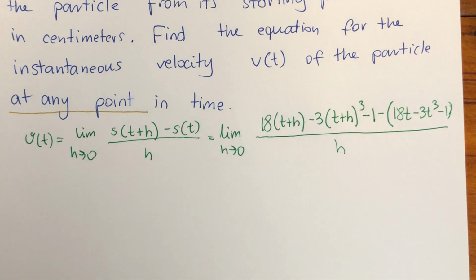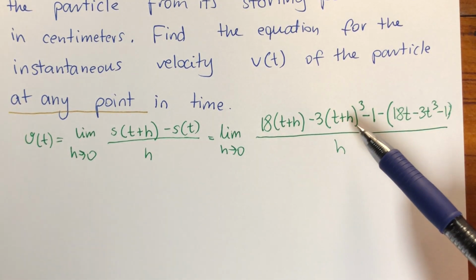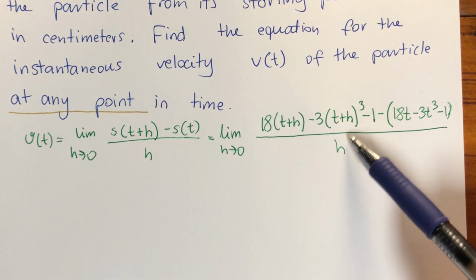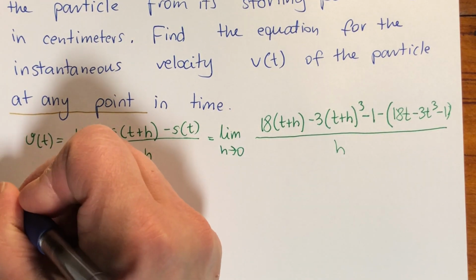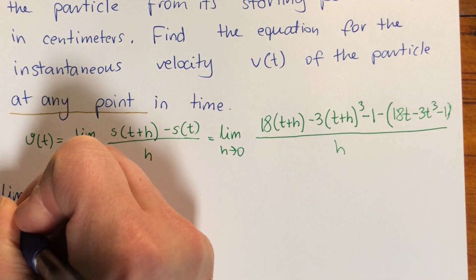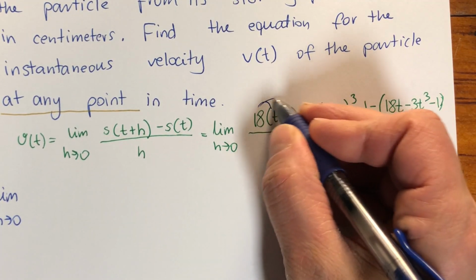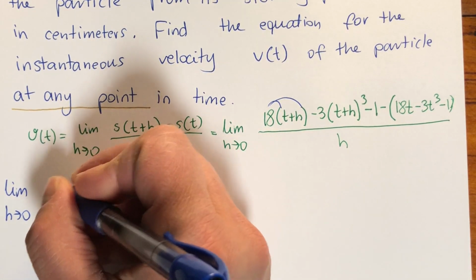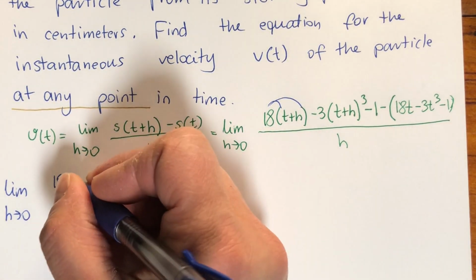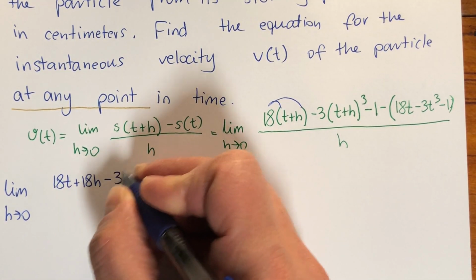All right, again, we need to do the cleanup. When I was working with some of your friends today, I used the binomial theorem for something like this, and I will do the same thing in a second. So limit as h approaches 0. I can multiply this using the distributive property. So 18t plus 18h minus 3.